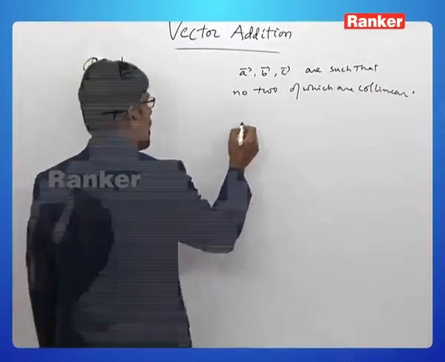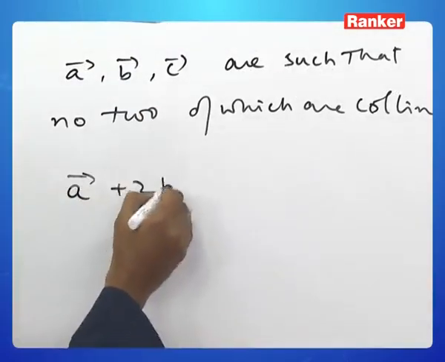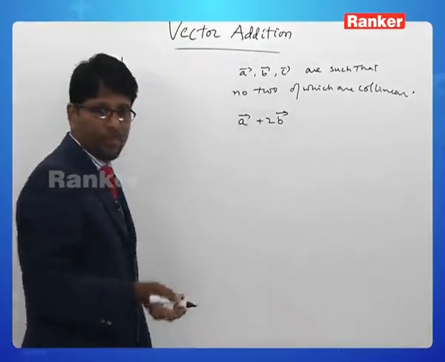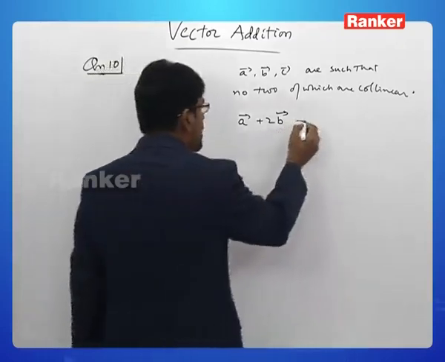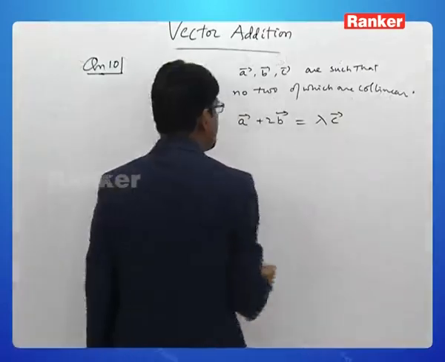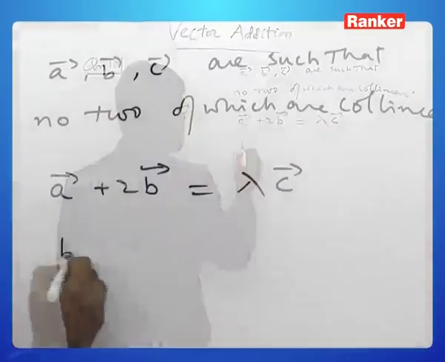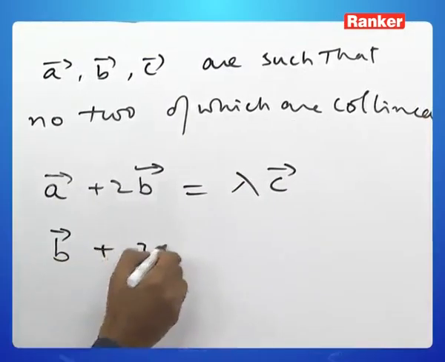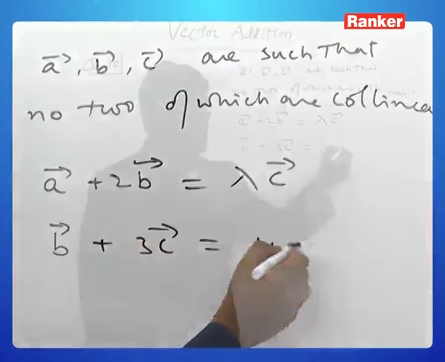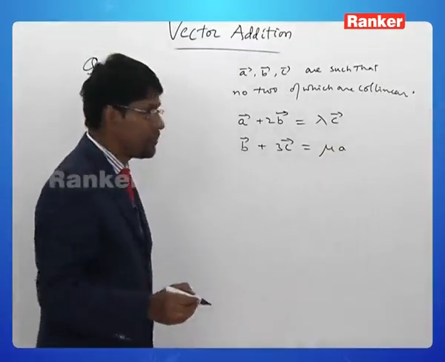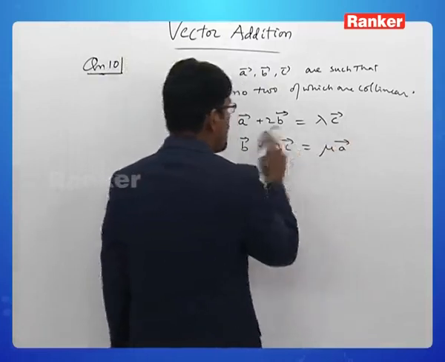But A bar plus 2B bar, he says, is collinear with C bar. So that means it is some lambda times C bar. Similarly, we have B bar plus 3C bar to be equal to some mu times A bar, because that, he says, is collinear.